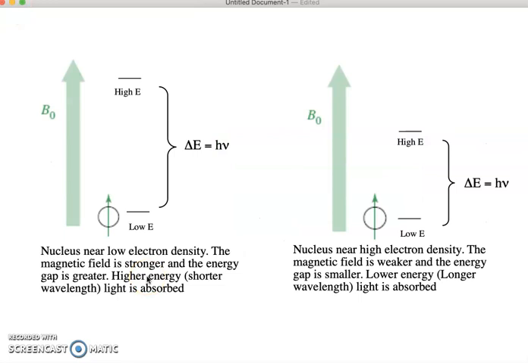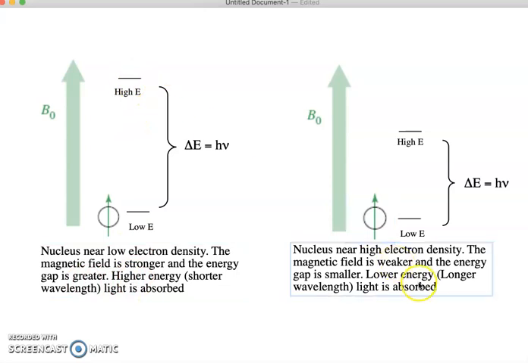So the reason that this is really useful is if we have a nucleus that's near low electron density, the electrons are not generating much of a magnetic field, so they're not weakening our magnetic field from our NMR very much. So the magnetic field in that region is pretty strong. And since it's pretty strong, the energy gap between the two spin states is pretty large, and it takes higher energy or shorter wavelength light to cause the transition to happen.